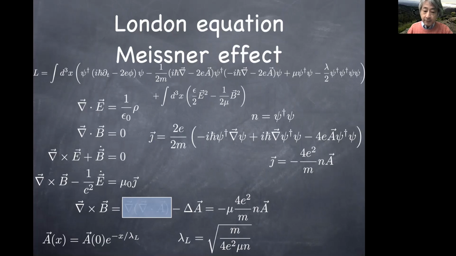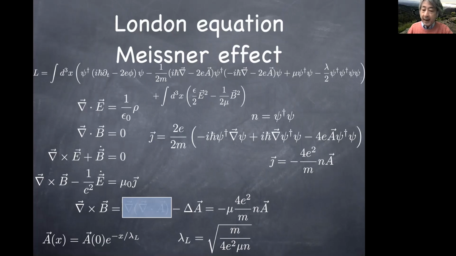That should be given by this constant over here, given by this density. So taking the derivative twice, I get 1 over lambda L squared.